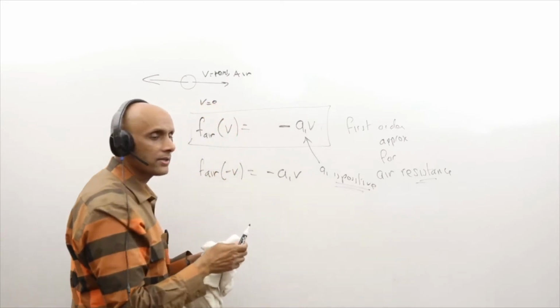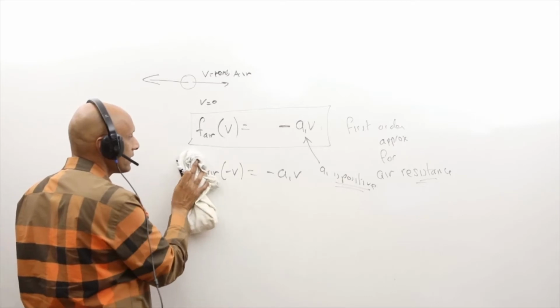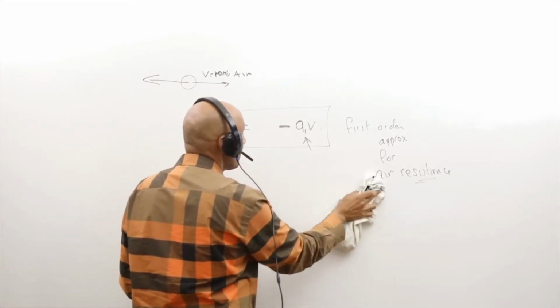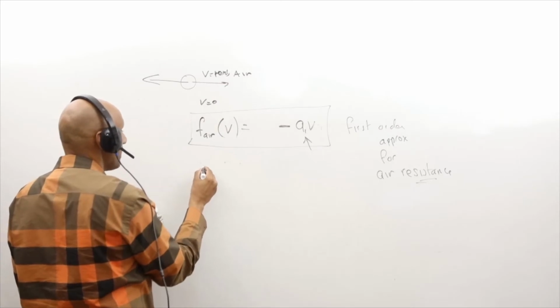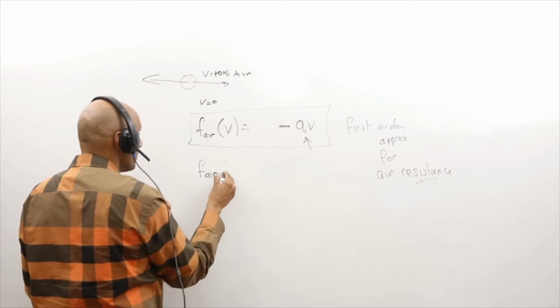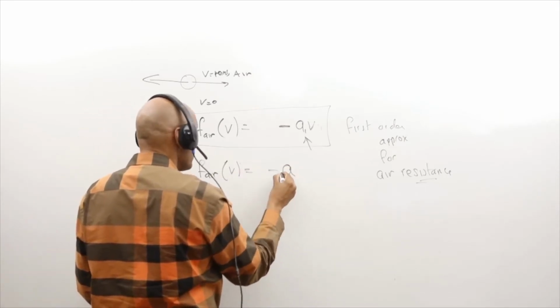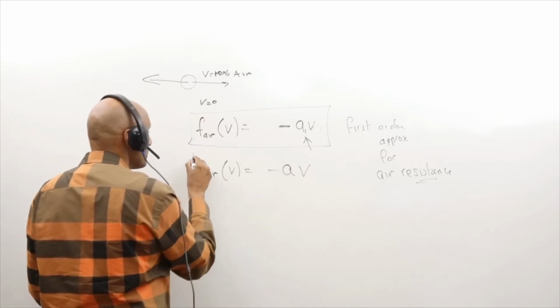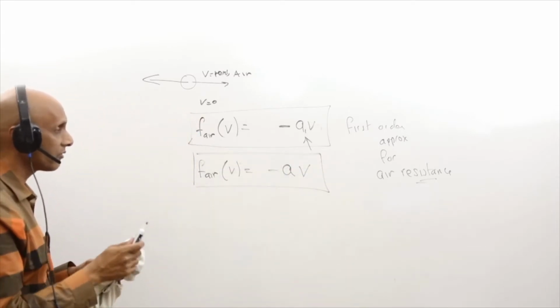If A1 is positive, then our first order approximation for air resistance is some positive quantity, which I'll call A, times the velocity. So this is a first order approximation for air resistance if v is very, very small.